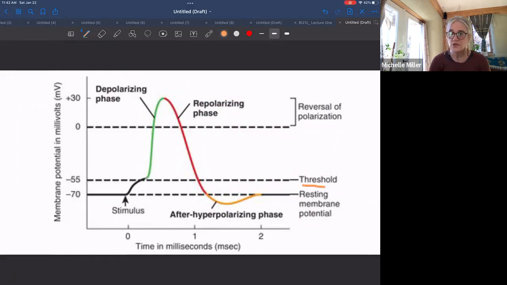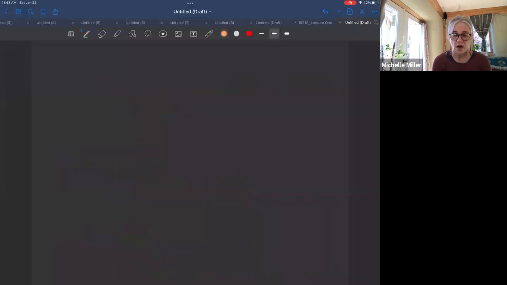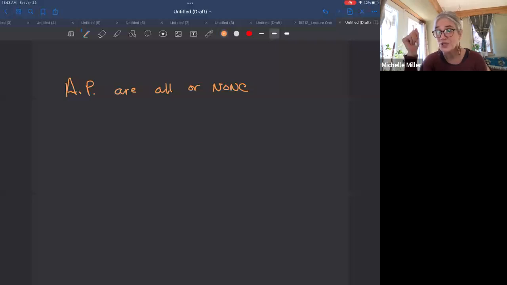So it's really important to realize that action potentials are all or none. So I'm going to abbreviate it as AP, are all or none. So what that means is there's not a strong action potential where it goes like to +70. No, it always just goes to +30. So they're all the same.